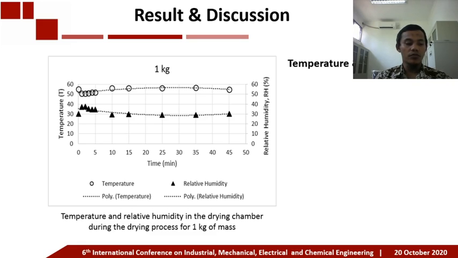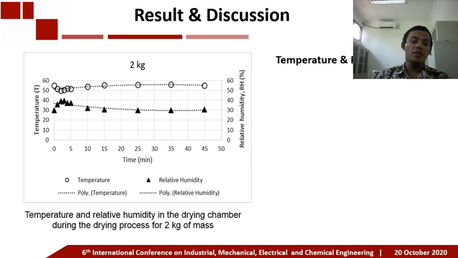This graph shows the decrease in temperature and increase of relative humidity that occurs in the first 3 minutes of drying. The decrease in temperature is caused by the absorption of heat by the material to release water from the material into the surrounding air. And the water from the material which is evaporated into the air causes the drying chamber to become humid.